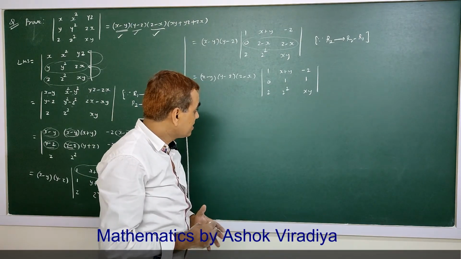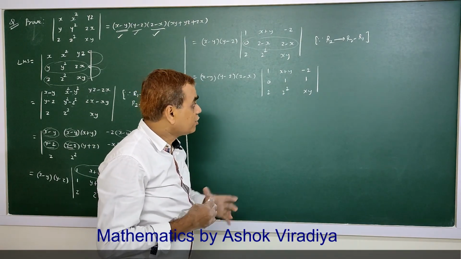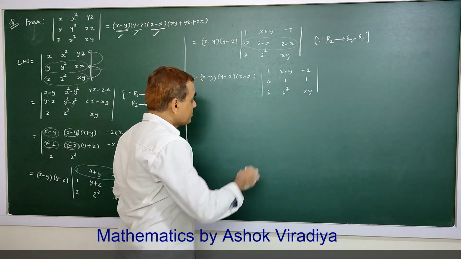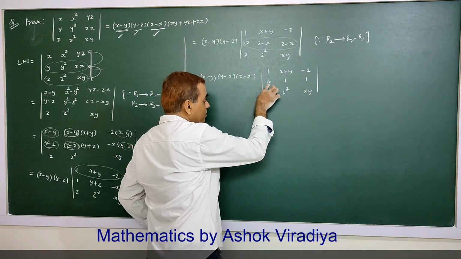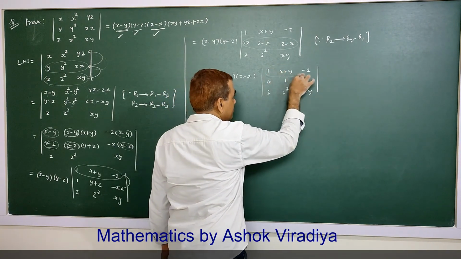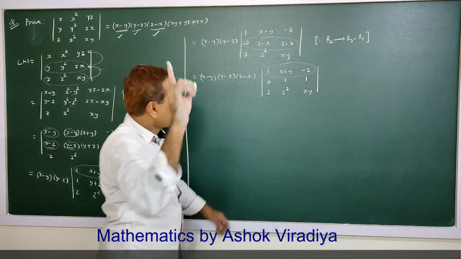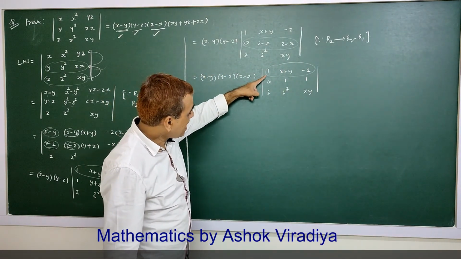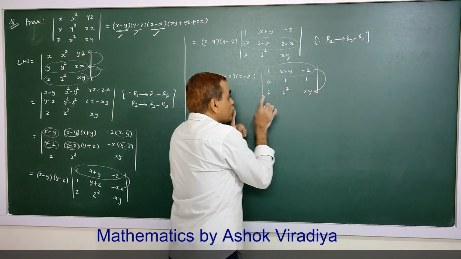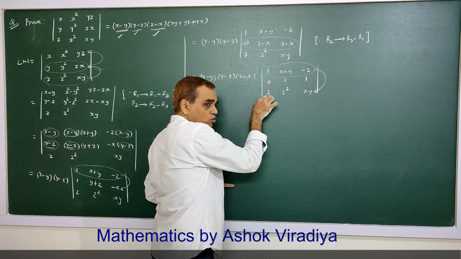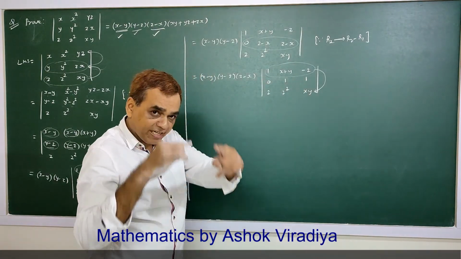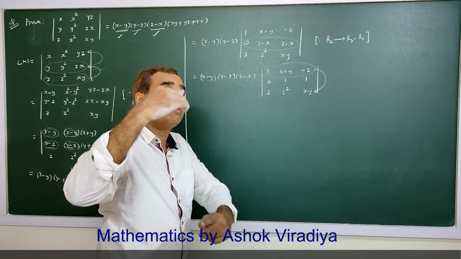So better way is we try to get two zeros in any one line. So see what we do here. This is already 0, already we derived. This line I am multiplying by z and subtracting in the third row. So here I will get one more 0. So two zeros will be there in first column, and after getting two zeros, using that column we will expand.